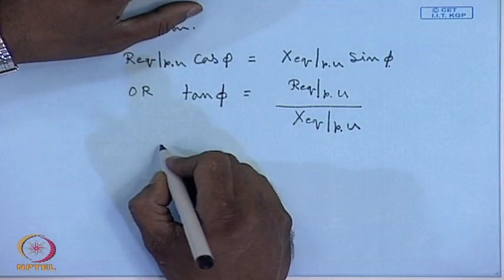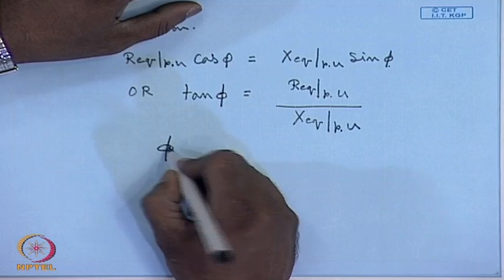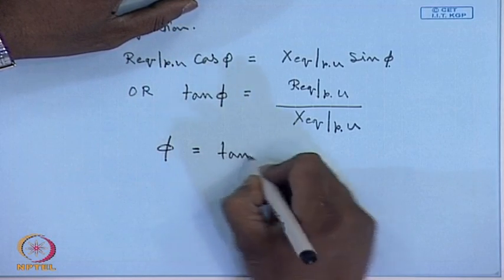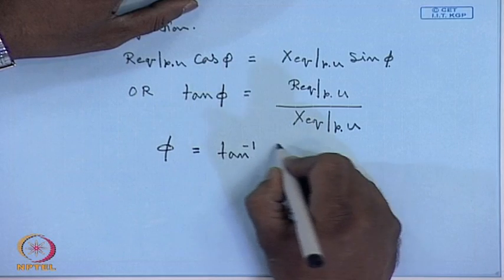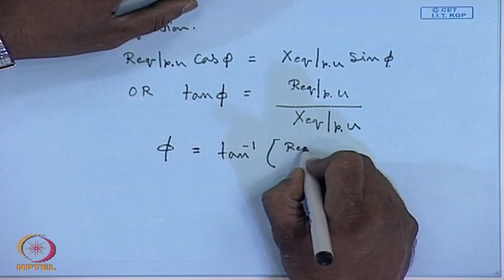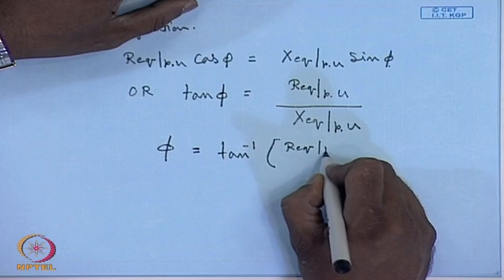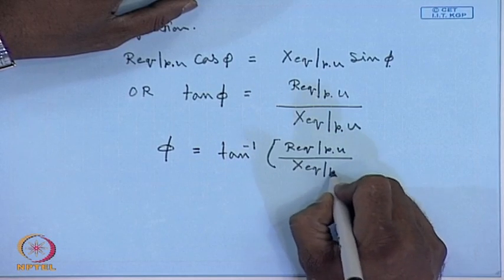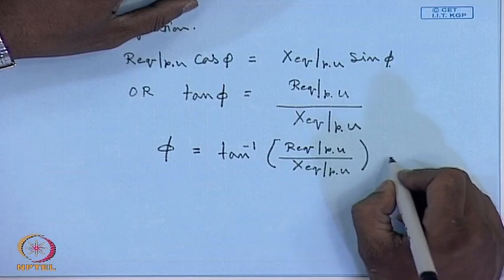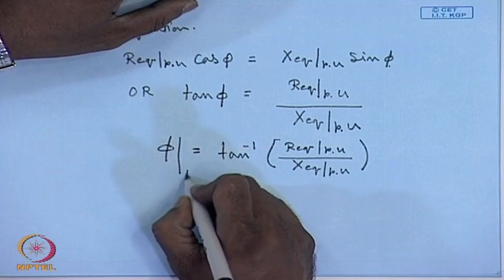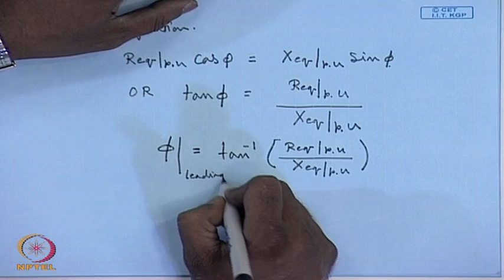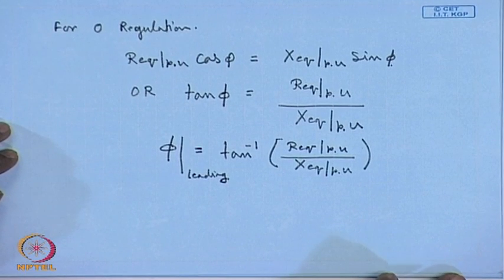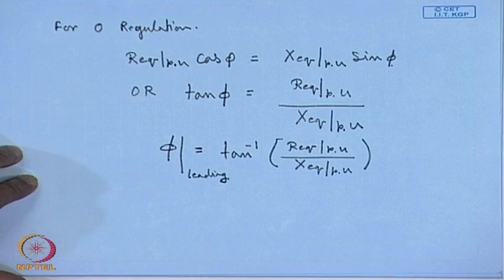Or the phase angle at which percentage regulation will be 0 is phi equal to tan inverse of Req per unit by Xeq per unit. This is the leading angle. So, at this value of leading phase angle, the percentage regulation will be 0.